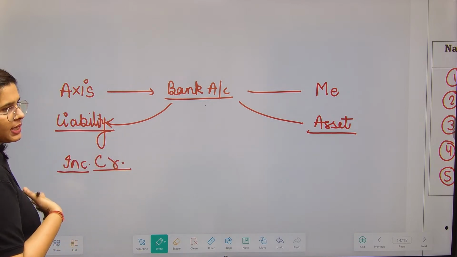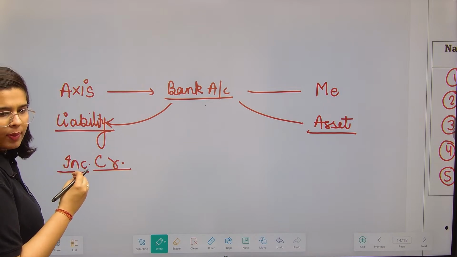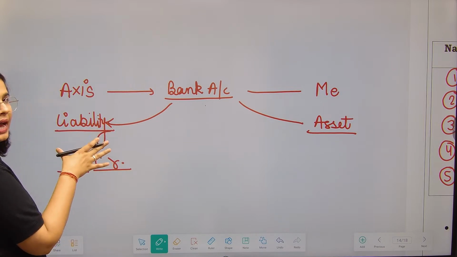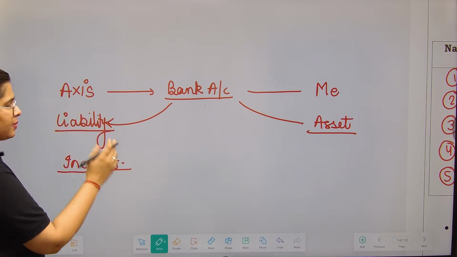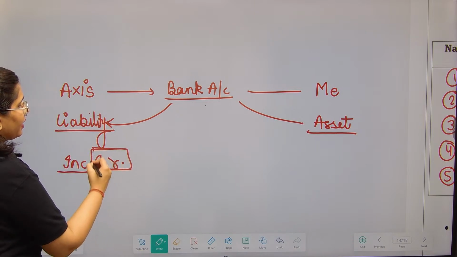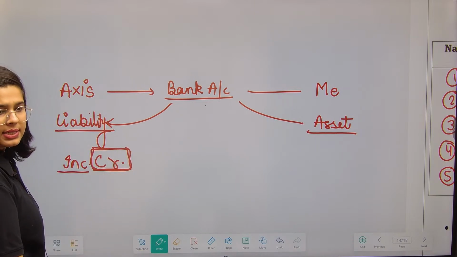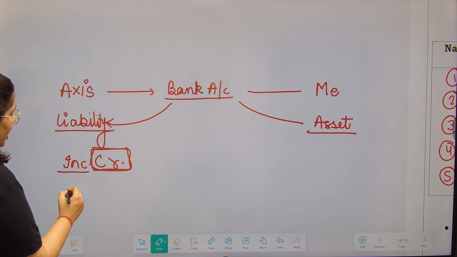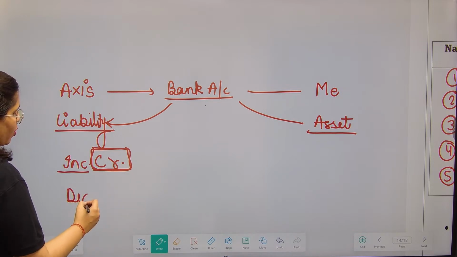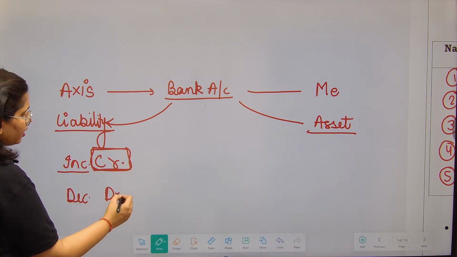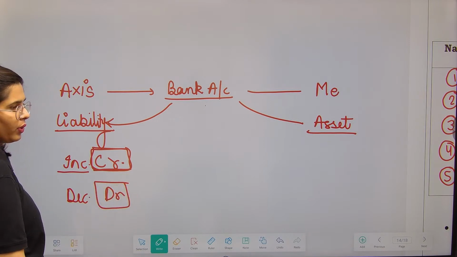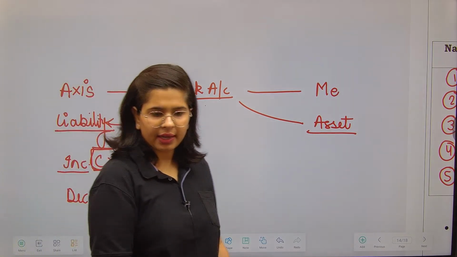Whenever I deposit any amount into my account, that becomes a liability for Axis Bank, and this is why they say that the amount is credited. And whenever I withdraw any amount from my bank account, they say that the amount has been debited. Correct?